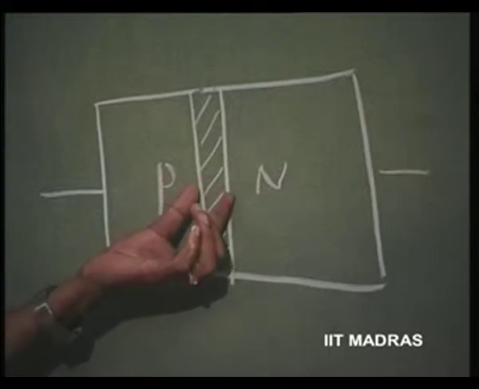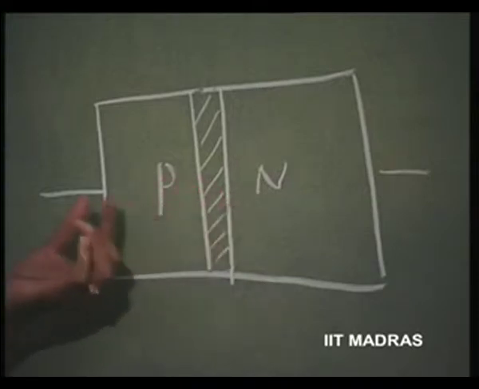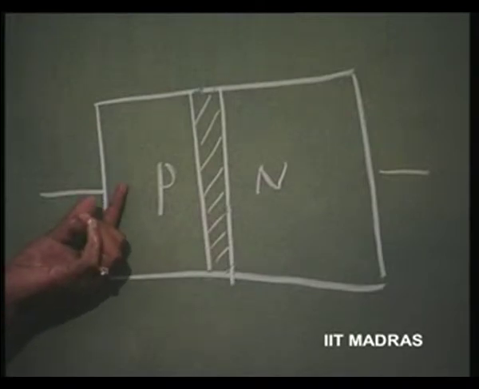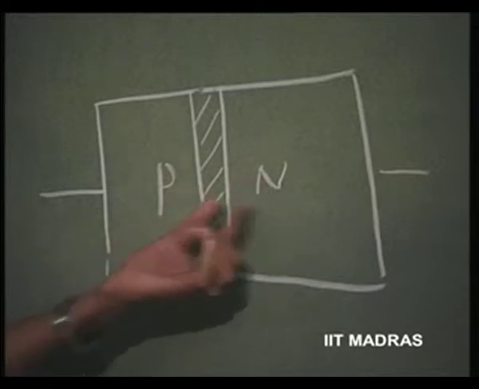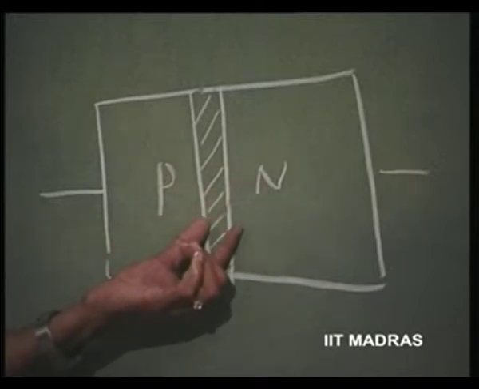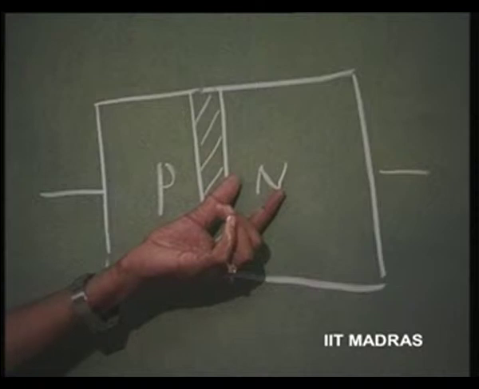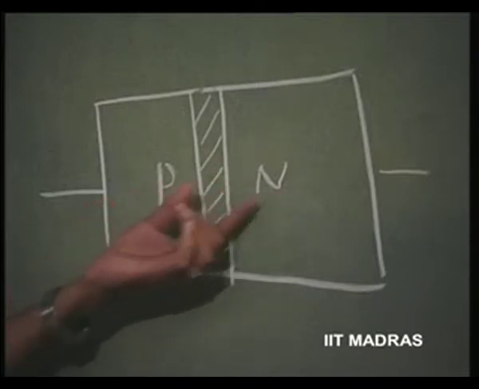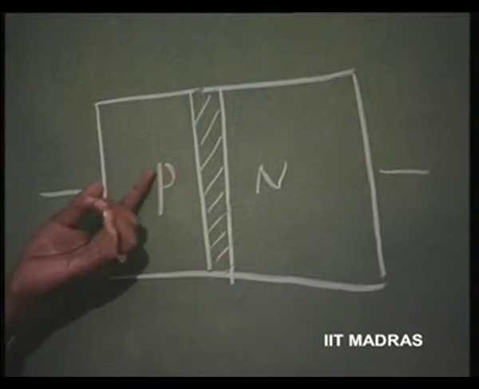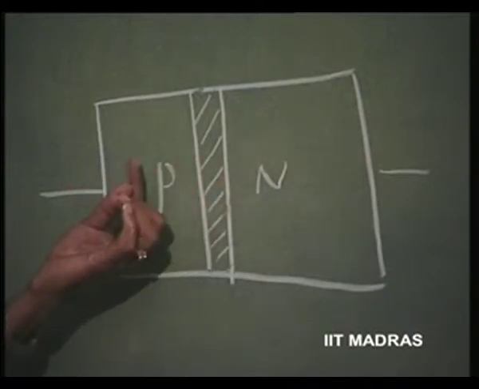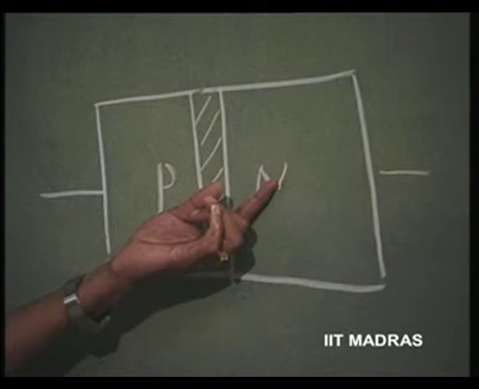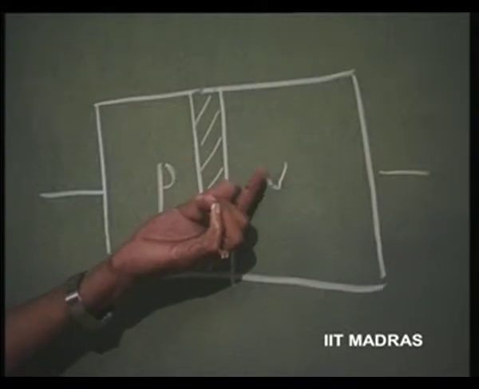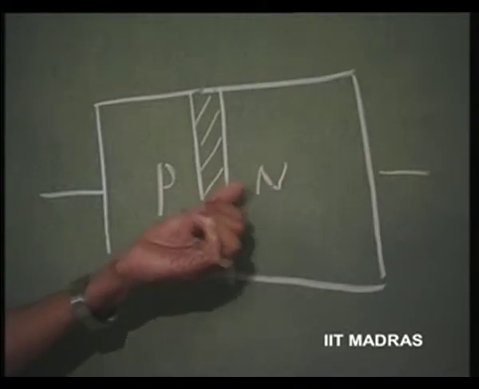Now, this particular junction still permits the minority carriers to easily go across, because this potential hill, which is an obstruction for the majority carriers, is a sort of aid for them to flow freely. So, there is a field here which will help these minority carriers move across.